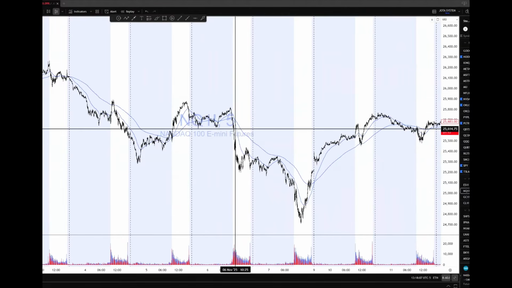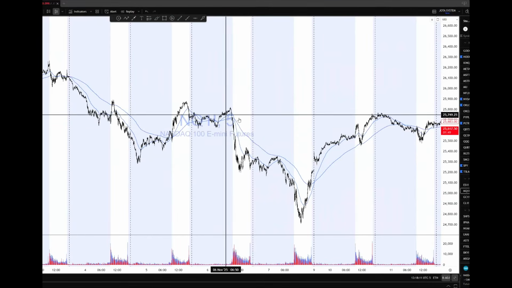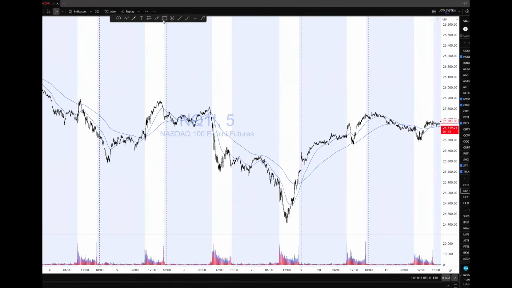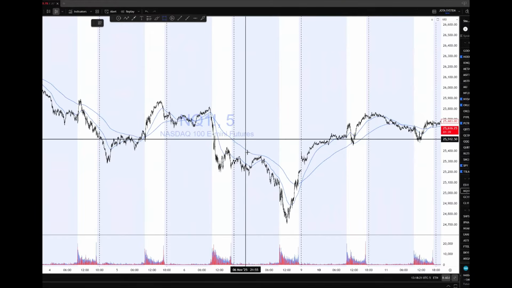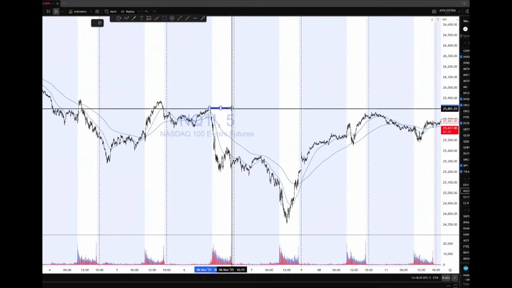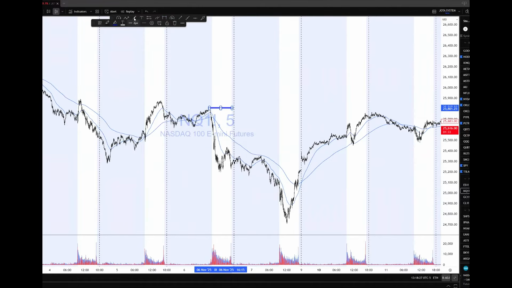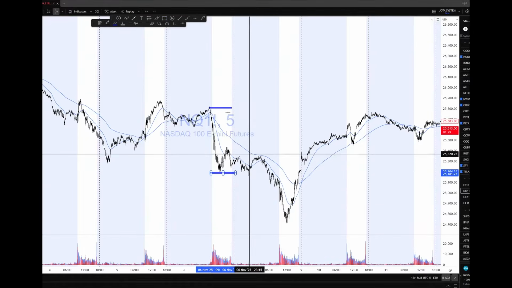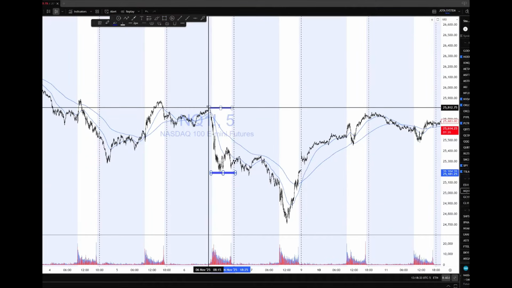Now, there's more for me than this. And the point is, there are two major structures to see. One is always the previous trading range. When I say previous trading range, I always mean the previous day high and the previous day low. So in this case, we have NQ.